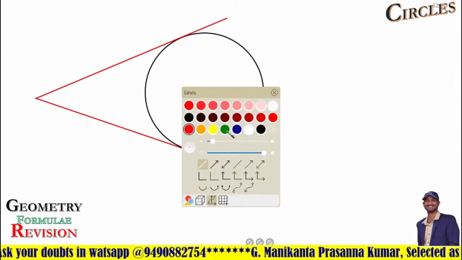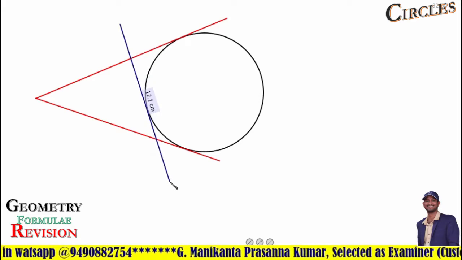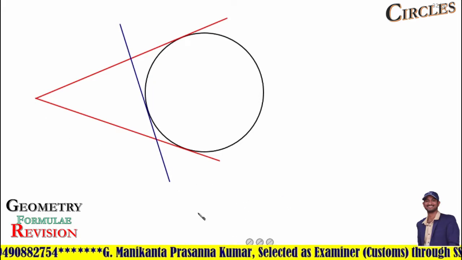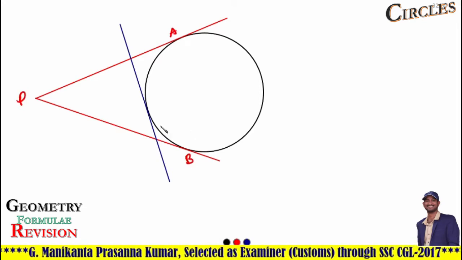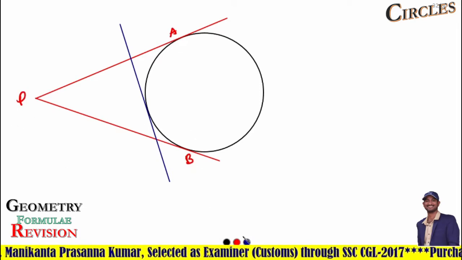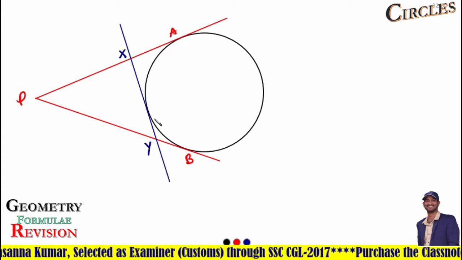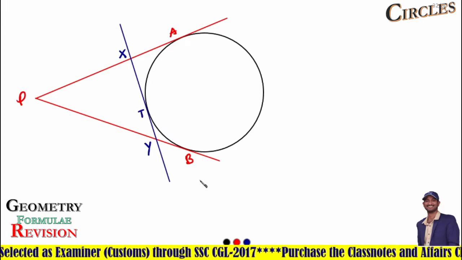Now there is another tangent which intersects the given tangents at 2 points. Suppose PA and PB are two tangents drawn from the external point P, and XY is a tangent which touches the circle at some point T.